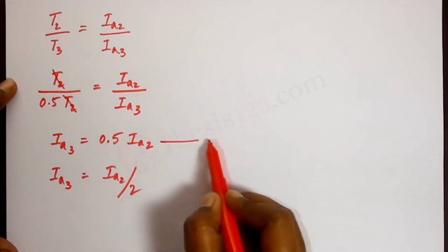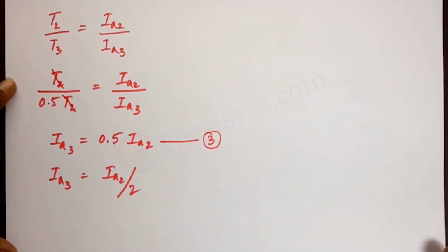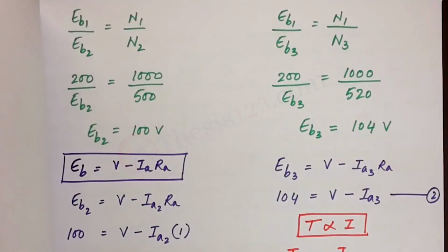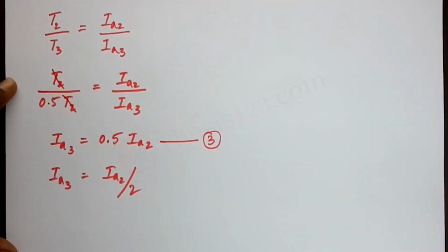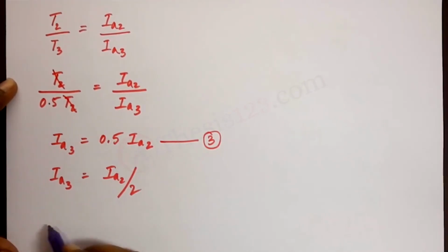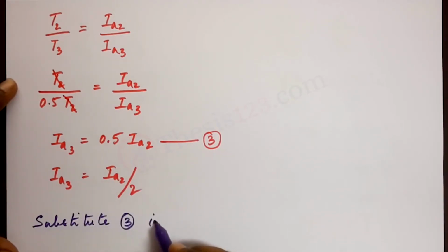So let's substitute this, I'll call this equation 3, into our second equation here earlier. So we had 104 is equal to V minus IA3. So let's substitute IA3 there. I'll just write that down here. Okay, so we substitute 3 into 2.